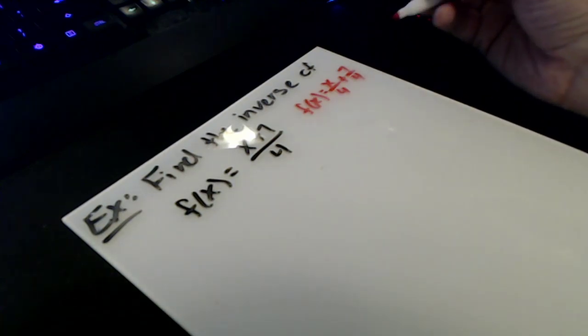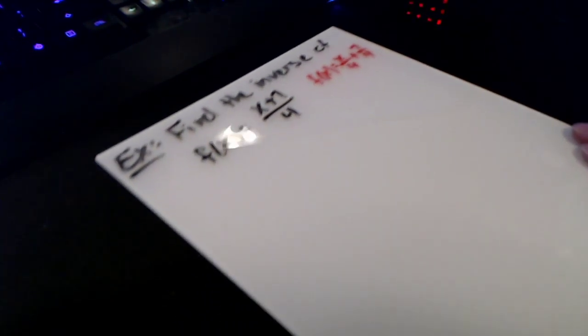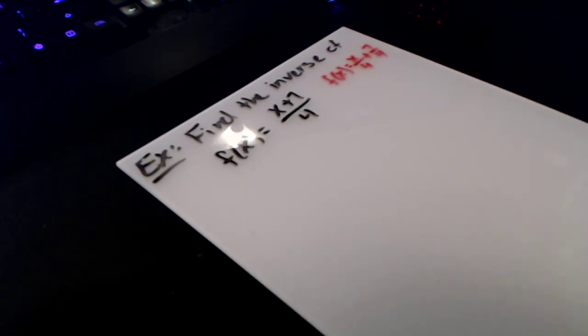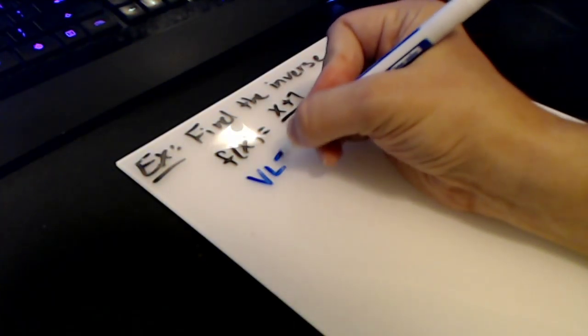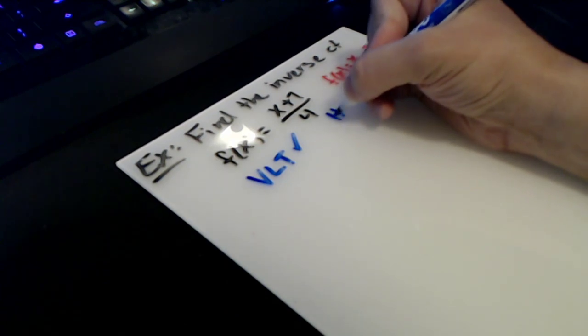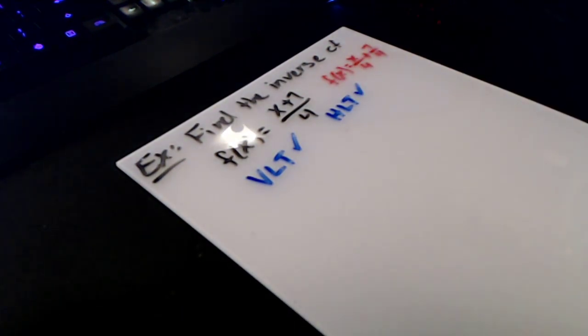So again, that passes the vertical line test and the horizontal line test. If you don't believe me, you can easily graph that in your calculator. Now that we know the vertical and horizontal line tests check out, we are good to go and starting our steps.